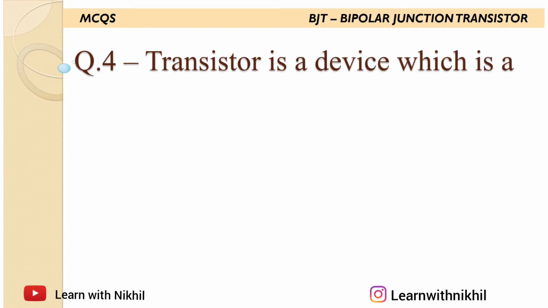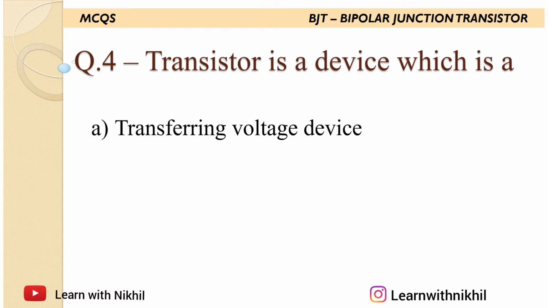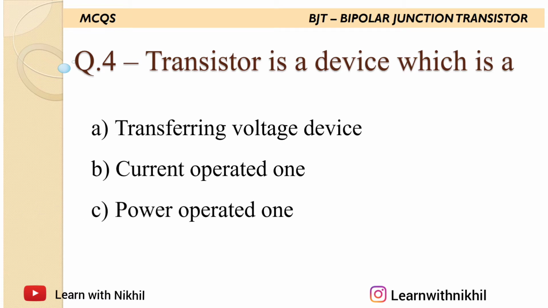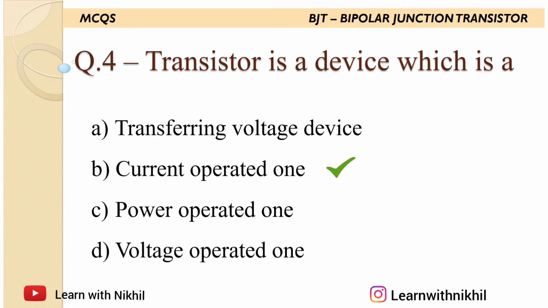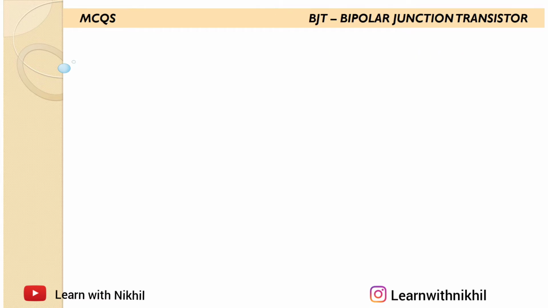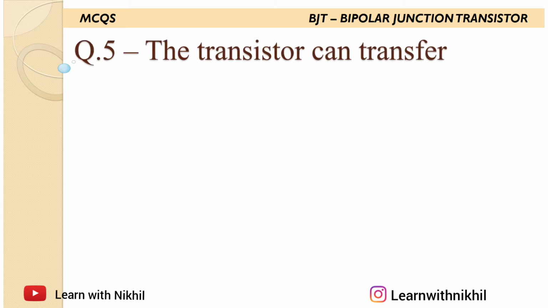Next question. Transistor is a device which is A, transferring voltage device; B, current operated one; C, power operated one; or D, voltage operated one. And the answer is current operated one. Next question.